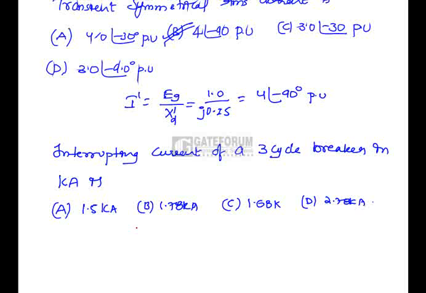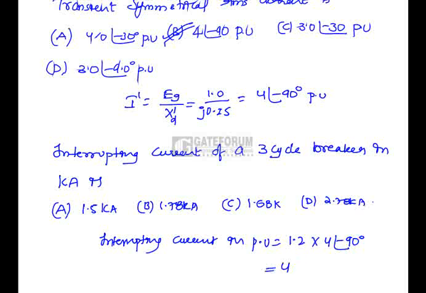Next question in this one is interrupting current of a 3-cycle breaker in kiloamperes. We have to find interrupting current of a 3-cycle breaker. Interrupting current in per unit is equal to multiplication factor times 4 at an angle minus 90 degrees. So this is 4.8 at an angle minus 90 degrees.